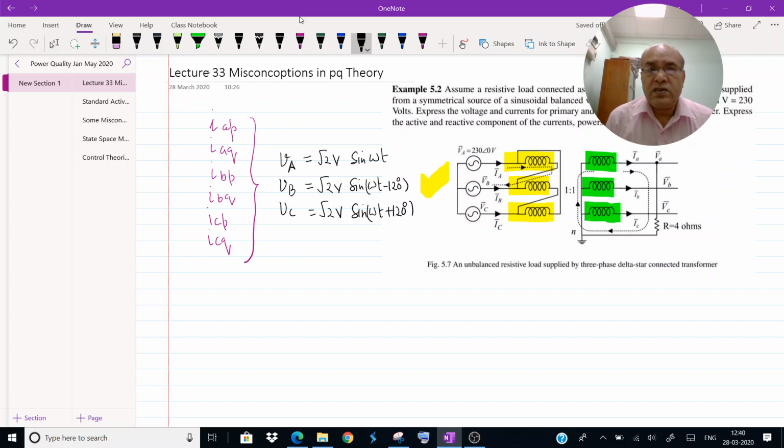Now these voltages will go to the secondary side. Obviously we have used small letter subscript notations, va, vb, vc, for the secondary side and capital letters for the primary side.